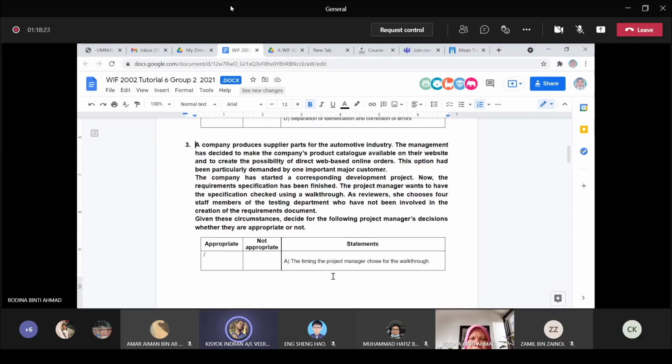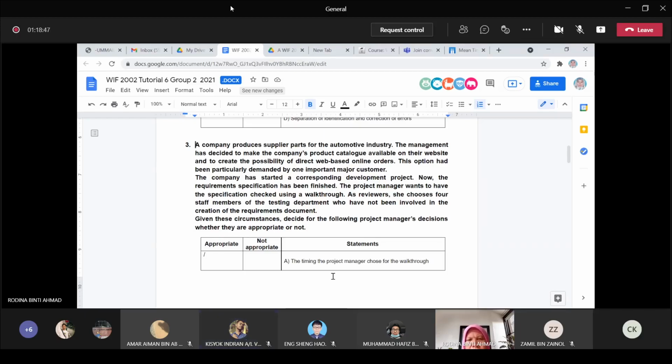Now, the requirements specification has been finished. The project manager wants to have the specification checked using a walkthrough. As reviewers, she chooses 4 staff members of the testing department who have not been involved in the creation of the requirements document. Given these circumstances, decide for the following project manager's decisions whether they are appropriate or not.